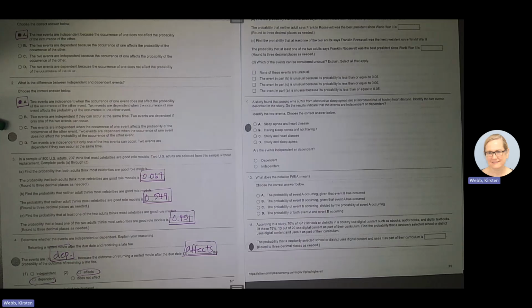Number 11 gives us a percent, and it also gives us some raw numbers. It's like we need to use both or all of them to get the question answered.